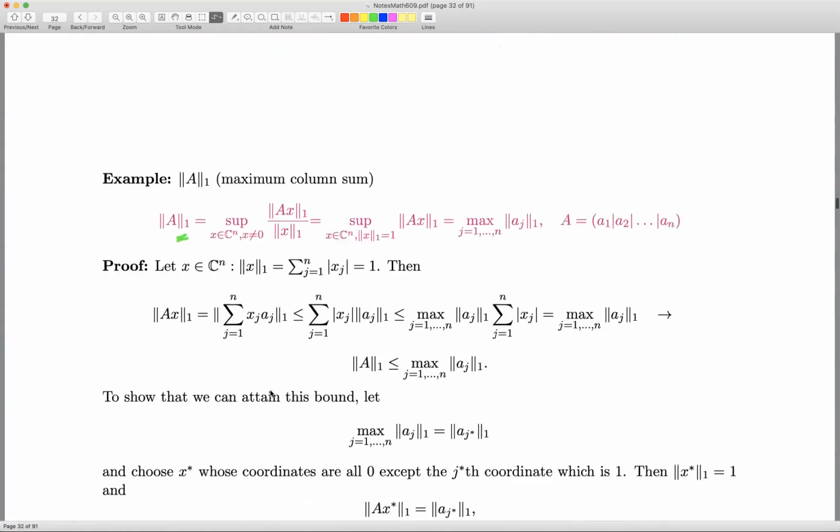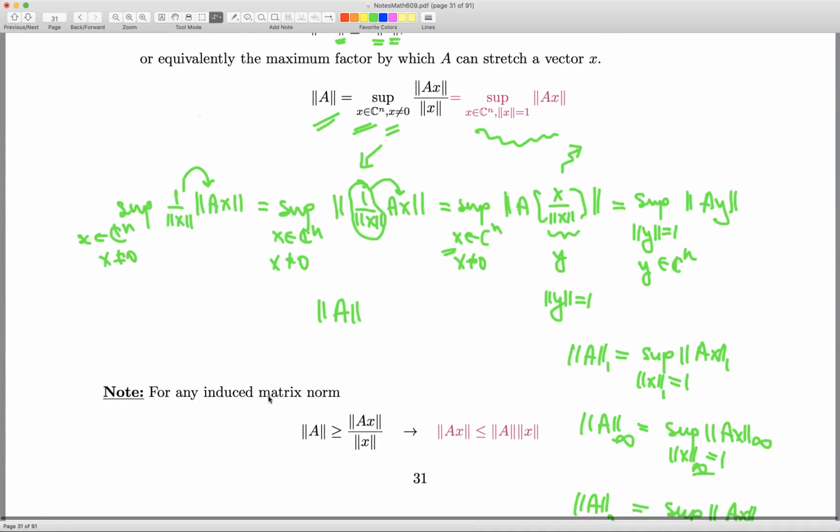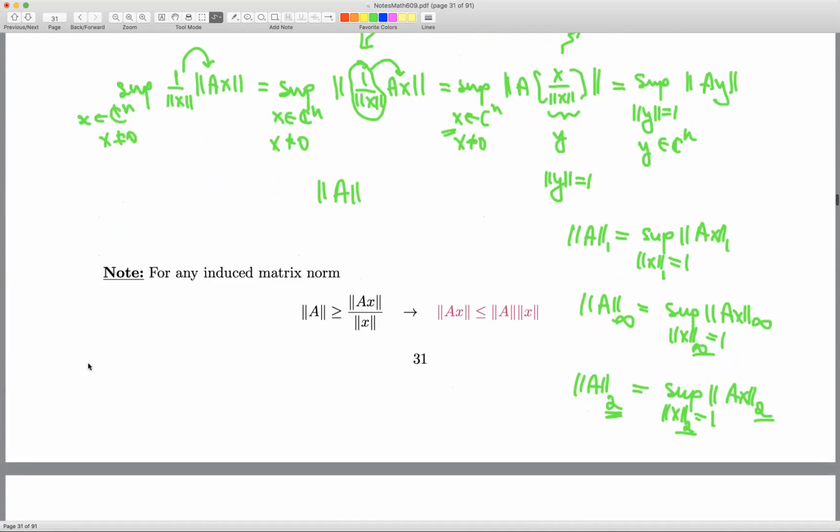Now the question is, before going into that road, to show the following important inequality: if we have a vector norm, and we have a corresponding induced matrix norm, then the norm of the vector AX is less than or equal to the norm of the matrix A times the norm of the vector X. And how do we prove that?